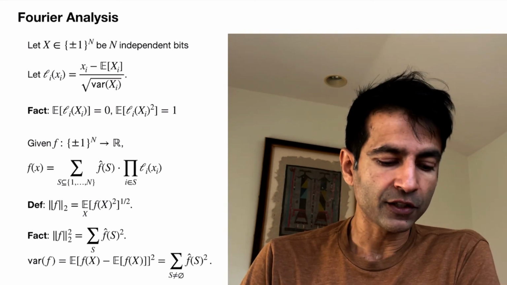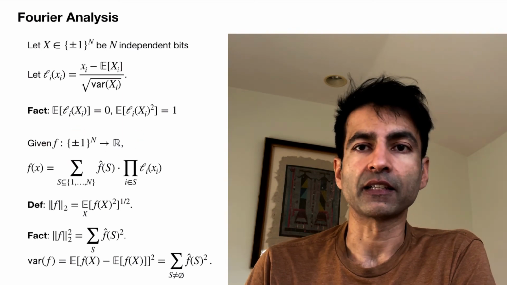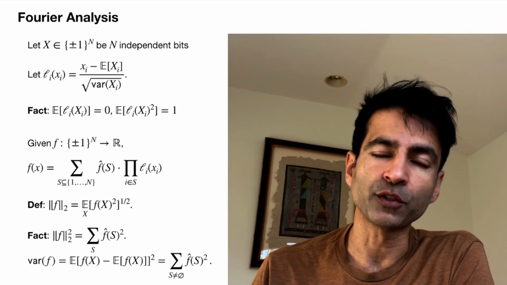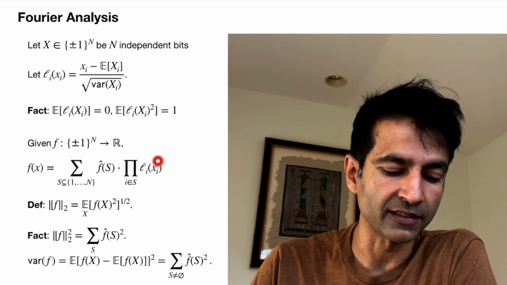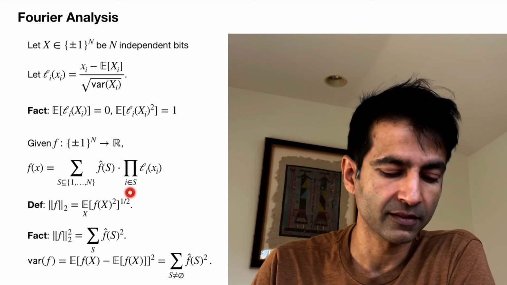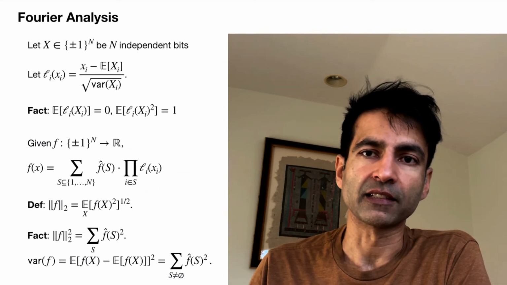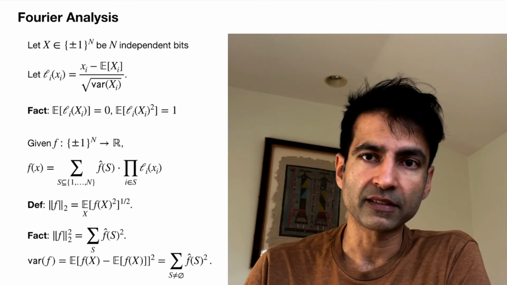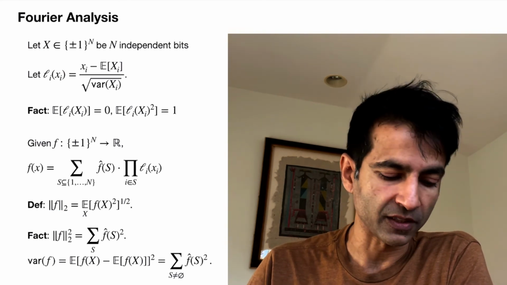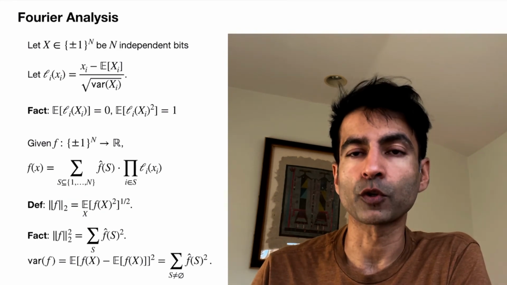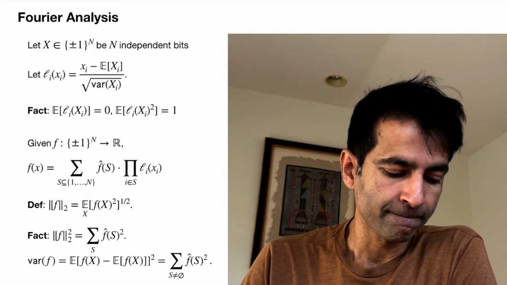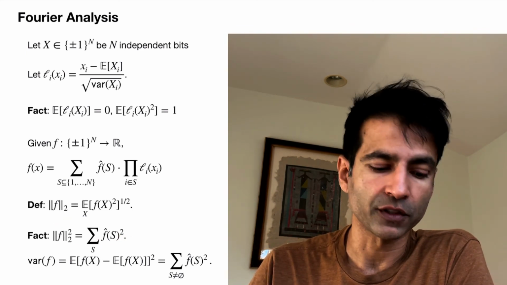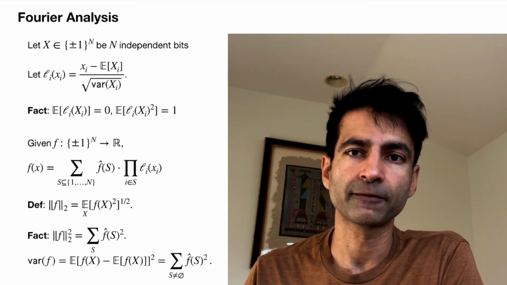So now given any function f, we've already talked about how it's a multilinear polynomial. I can write it using the linear functions Li that I just described like this. And once you express f in this way, you can see that the 2 norm of f, which is the square root of the expectation of the square of f, the squared 2 norm is equal to the sum of the squares of the Fourier coefficients that we obtain. Okay.